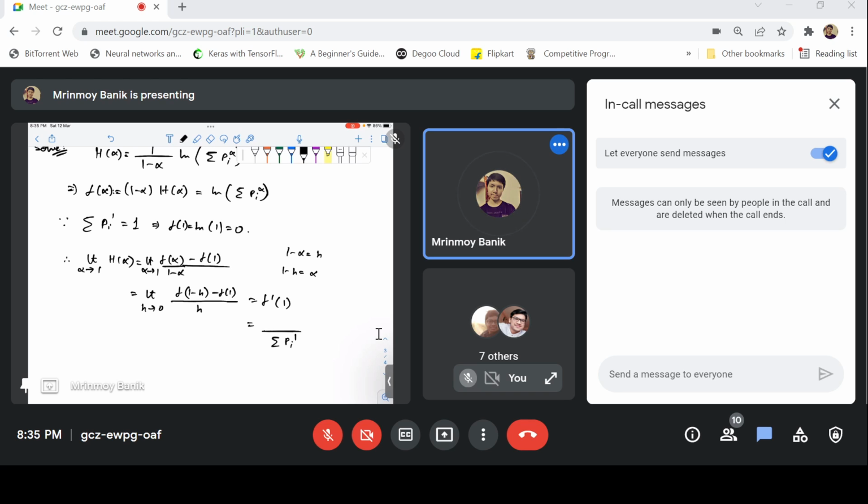A power x, and the derivative of a power x is a power x ln a, right?